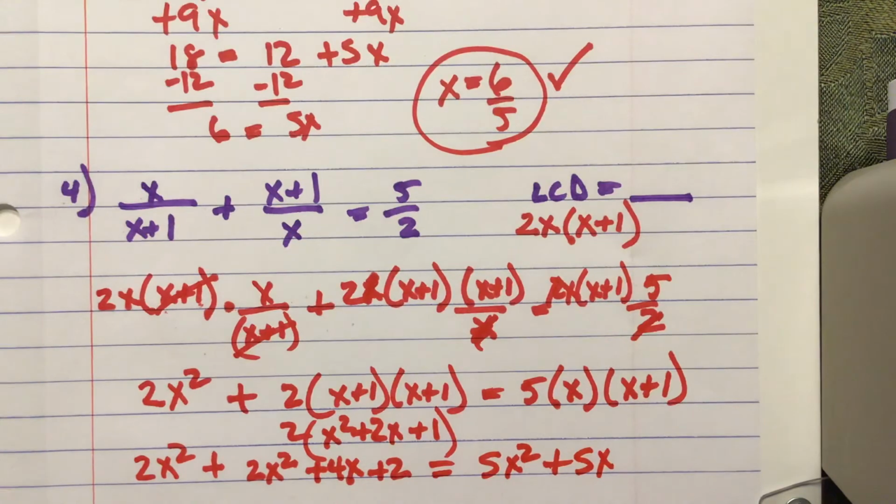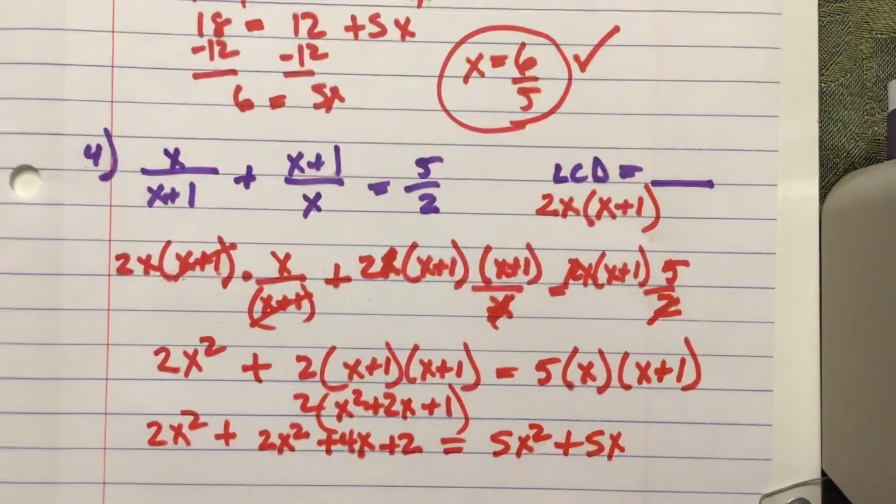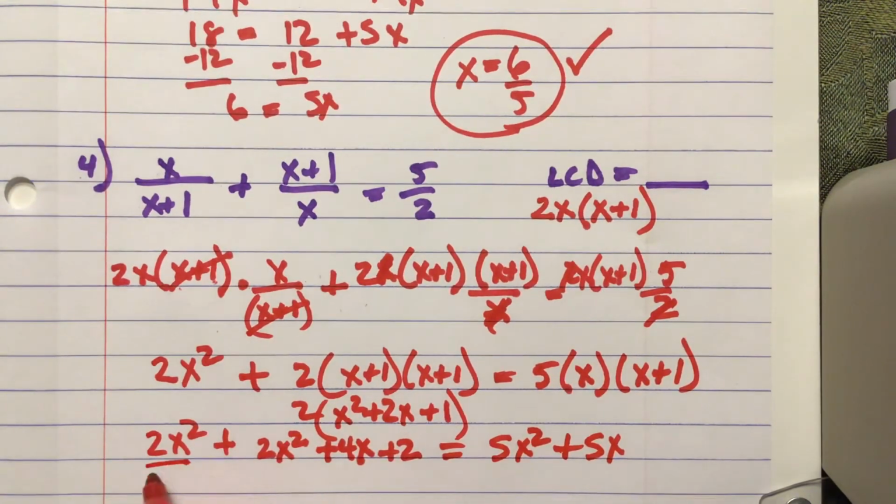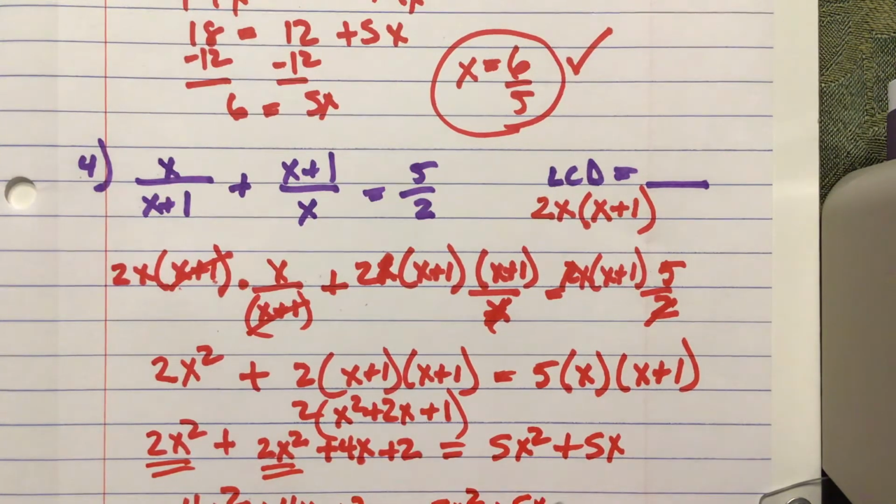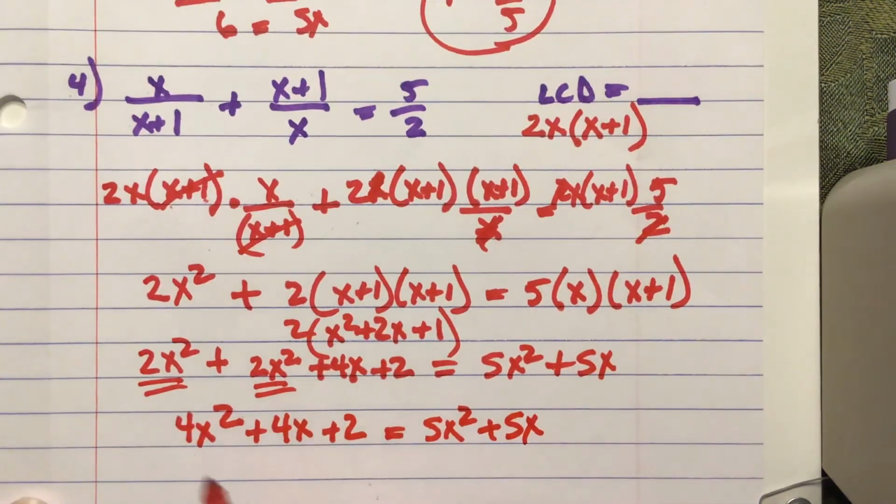So now I have to put together all my like terms. I'm going to do inverse operations, so I have a lot to do yet. So 2x squared and 2x squared is 4x squared. And I have 4x plus 2. And that equals 5x squared plus 5x. Now I'm going to subtract 4x squared on both sides.